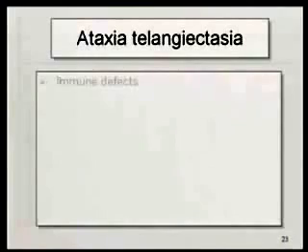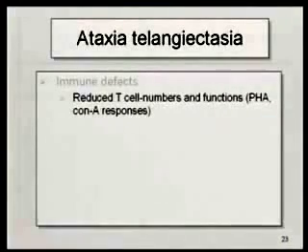Ataxia telangiectasia: the immune defects in this case are a reduced number of T cells, and their functions are reduced. And how one measures the functions, one of the very broad and easy ways of measuring T cell function is taking the peripheral blood and culturing it in the presence of a protein derived from a bean seed, PHA, phytohemagglutinin.